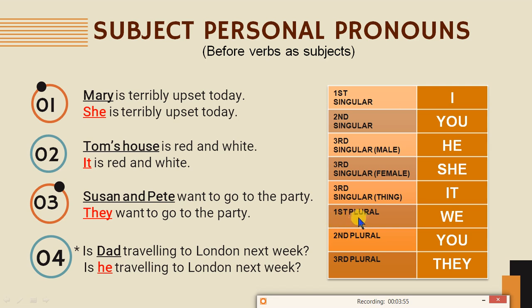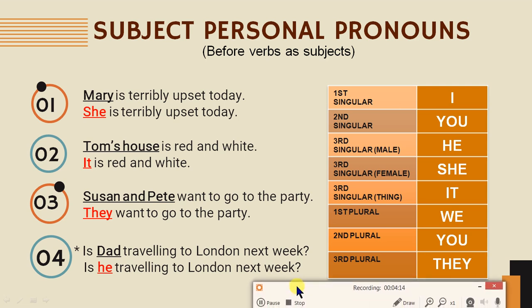When first plural, it means you and me, we use we. For second plural we use you, and for third plural we use they. It's a hearty request for you my child, just copy down or write in a notebook this flow chart also, so it's very easy to understand this topic. Next we will move to the next slide.